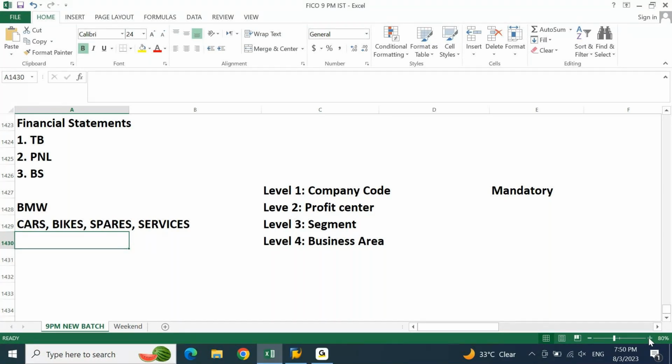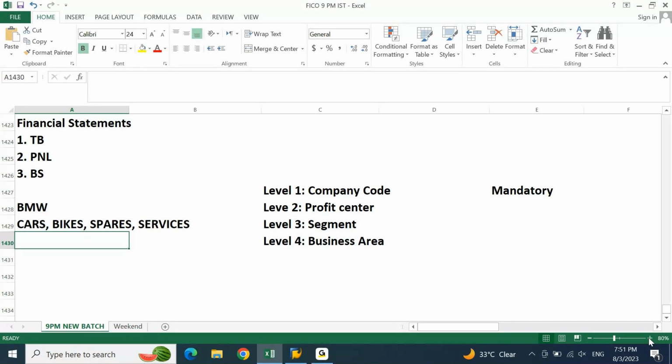According to this, BMW would like to see separate TB, P&L, balance sheet for cars. BMW would like to see separate TB, P&L, balance sheet for bikes, separately for spares, separately for service. Because according to BMW, their investment or their line of business is completely different for cars, bikes, spares and services.